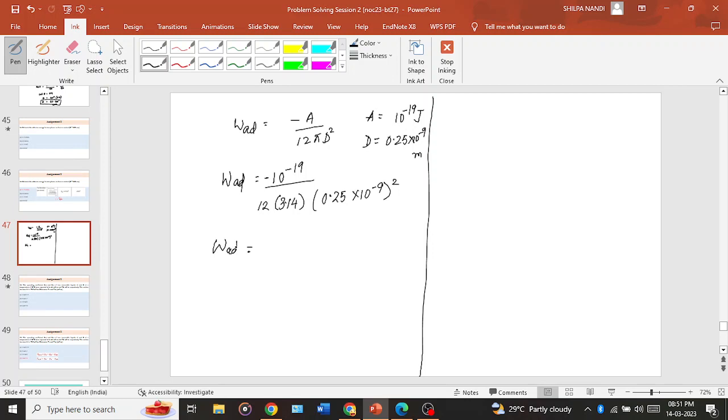Now you just need to calculate this. So 10 power minus 19, and this would approximately come as something close to 2 point something into 10 power minus 18.